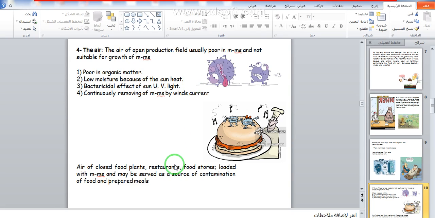Our real problem regarding air as a source of contamination is the air of closed food plants, restaurants, and food stores, because it is loaded with microorganisms and may serve as a source of contamination of food and the prepared meals.